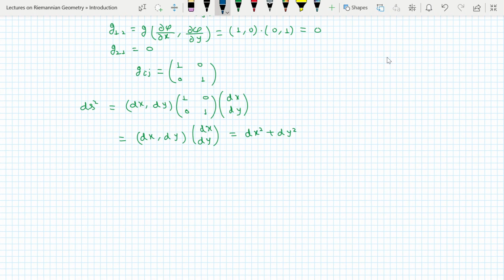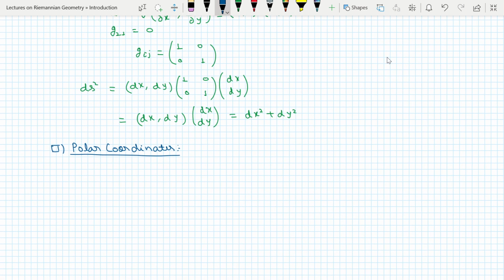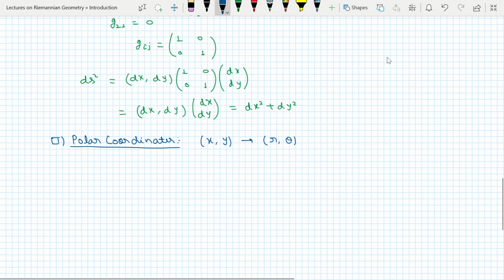Now let's go to the polar coordinates, and in polar coordinates we will do a similar thing. So in polar coordinates, what do we wish to do? Well, we have the Cartesian coordinates x, y, and from there we're going to go into r comma theta.